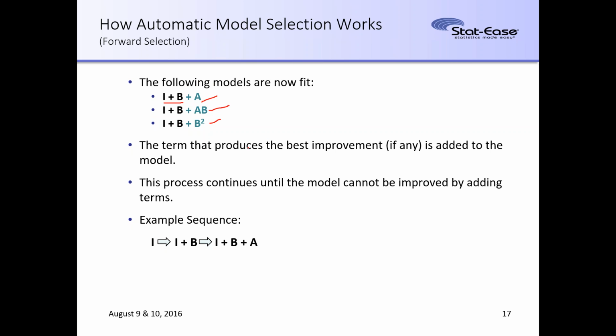It'll consider the remaining terms in the candidate set one at a time. The term that produces the best improvement of these 3 will be added to the model. And this process will continue until adding additional terms doesn't make the model any better. So here's an example sequence. Start with the intercept, B gets added, B plus A gets added. So forward selection is a build up, one at a time build up procedure.